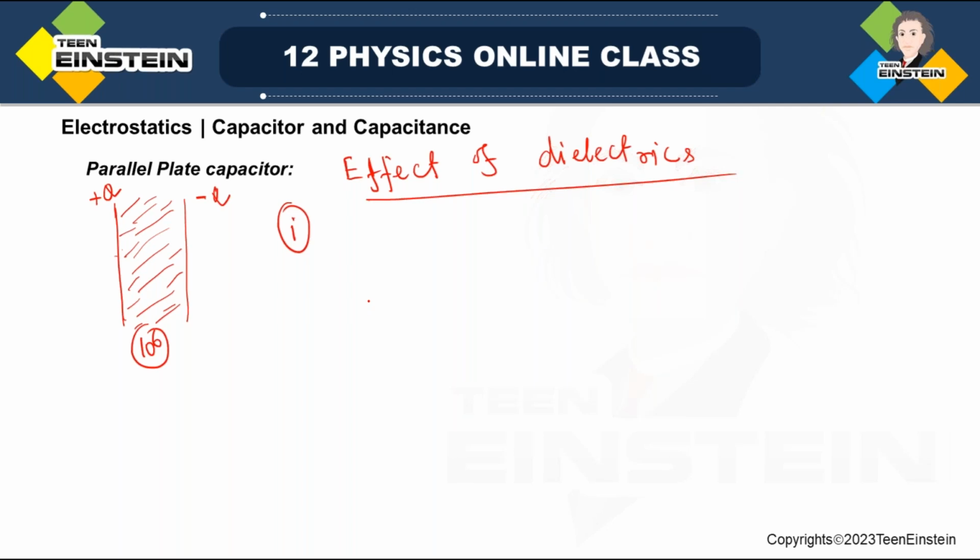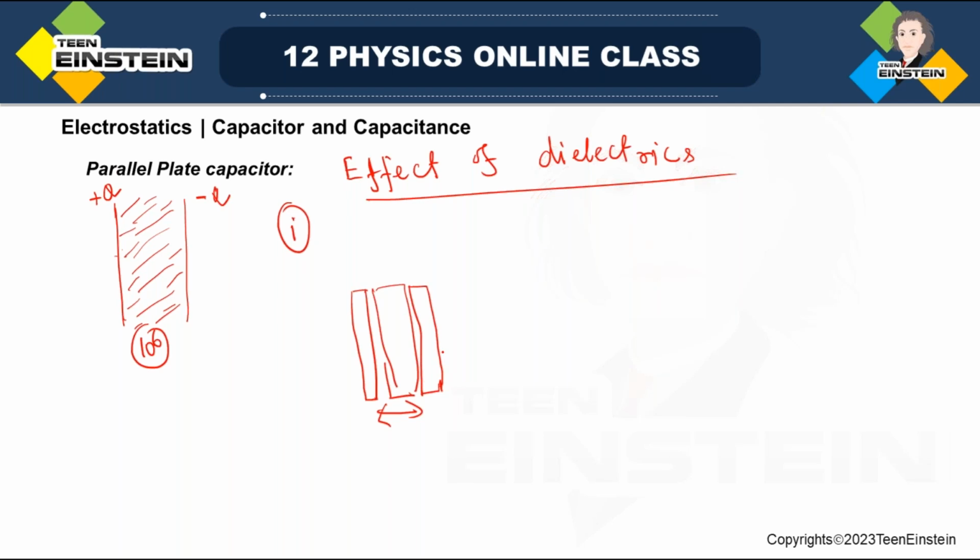But if I want to keep very large parallel plates at very small separation without touching, it becomes a little bit difficult. If I have a solid dielectric slab in between them, then it is easier to keep the conducting plates very near to each other without any actual contact.